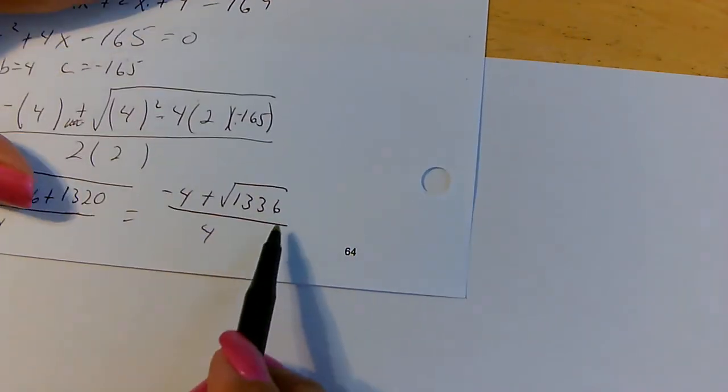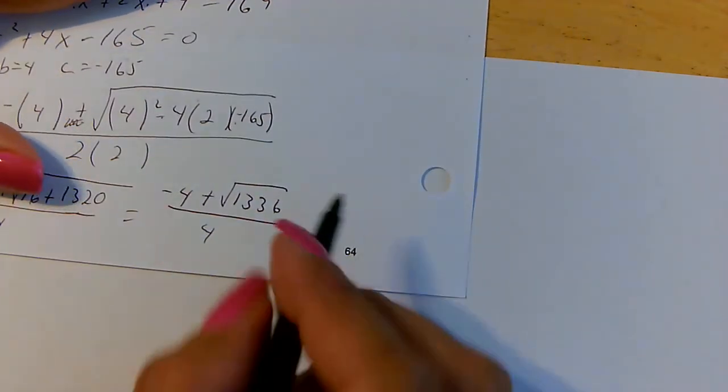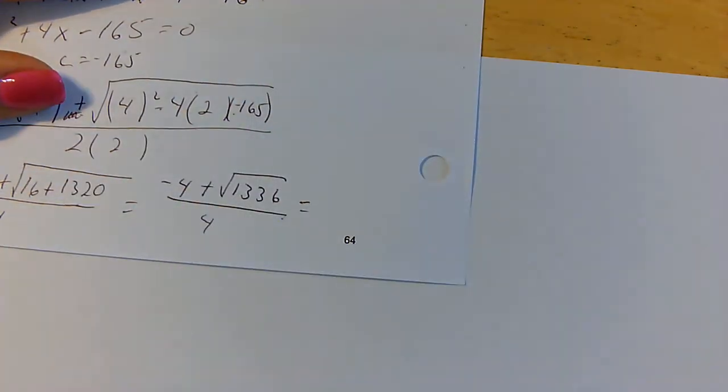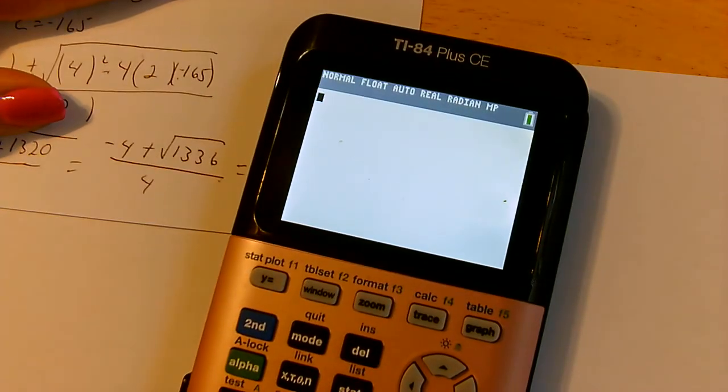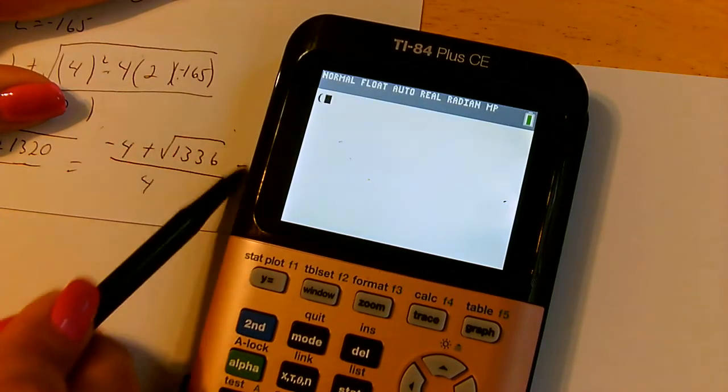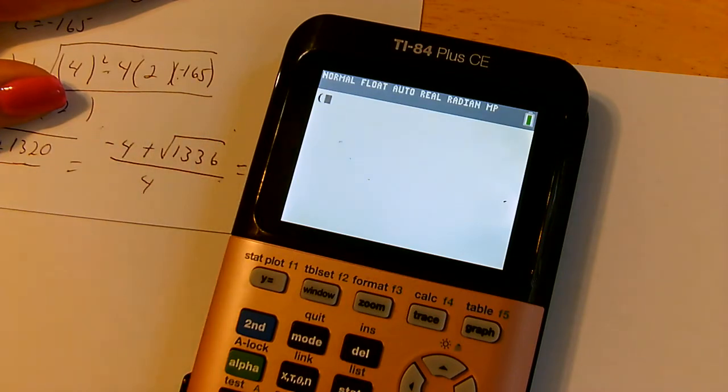Let's plug this in the calculator and let's round it to 1 decimal place. Just be careful. I'm going to do the numerator all in a set of parentheses so that I'm dividing everything by 4, which is my denominator.